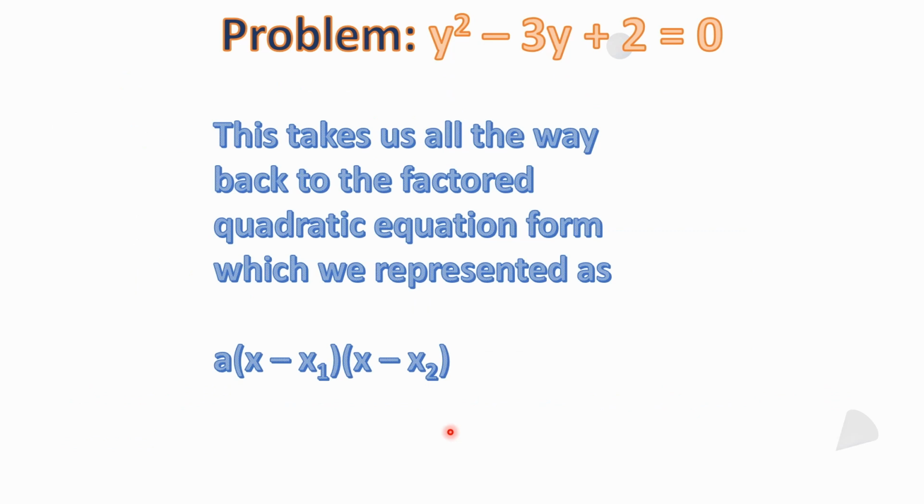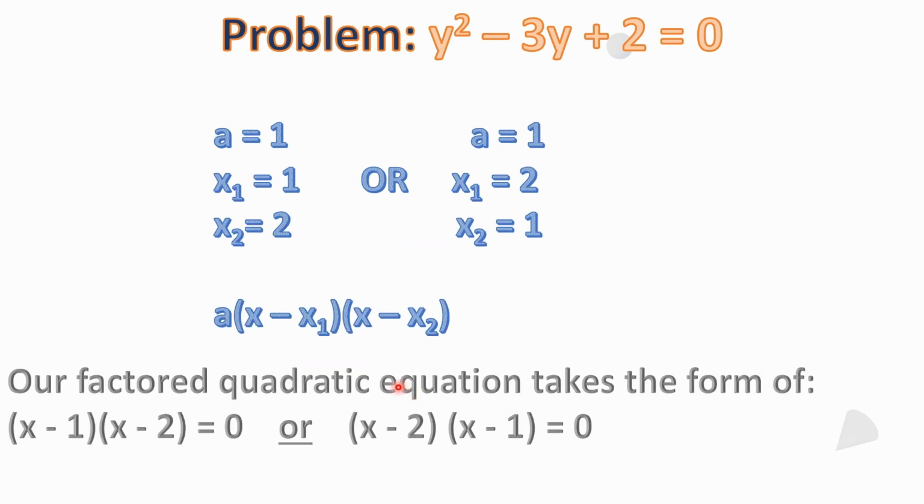So it takes us all the way back to that factored quadratic equation form that we showed, and it's represented by this a times the quantity x minus x1 times the quantity x minus x2. So if we take a look at our factored quadratic equation, it's going to take this form here. It's going to be x minus 1 times the quantity x minus 2 equals 0.